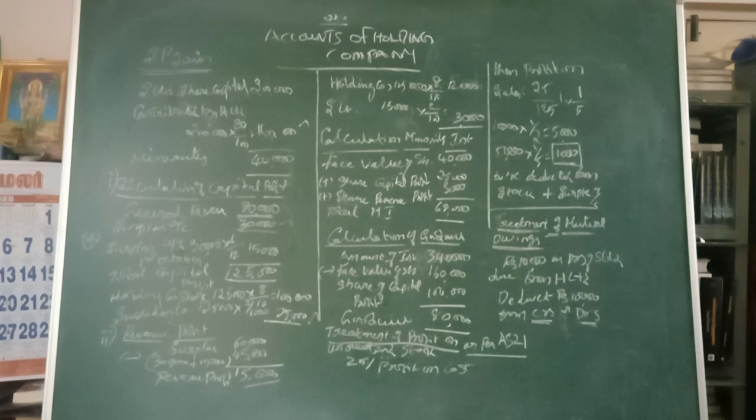Another important point is the treatment of profit on unrealized stock. What is unrealized stock? Normally, stock is accounted at cost value, whereas if it is sold to an outsider, it is accounted at sale value, invoice price or sale price.